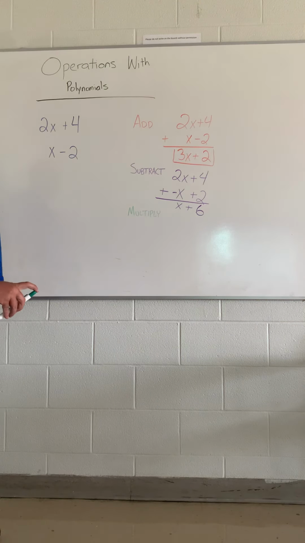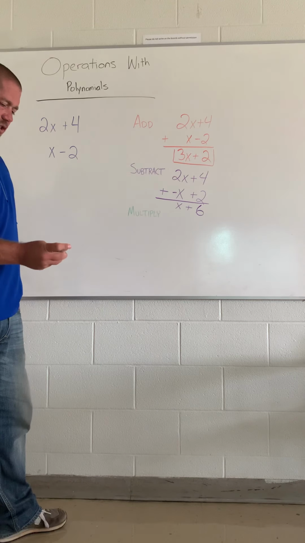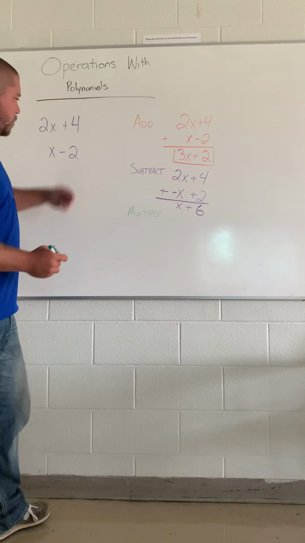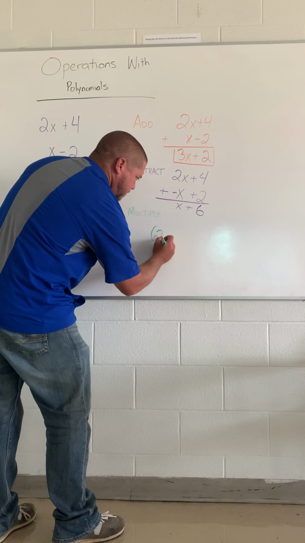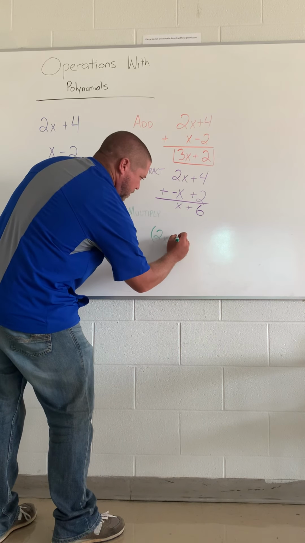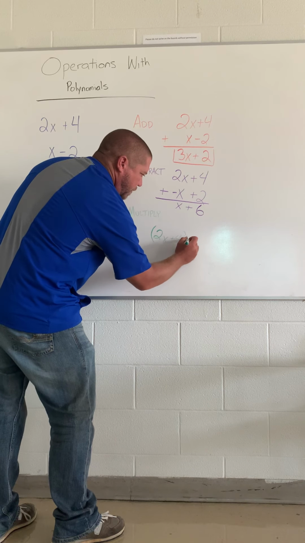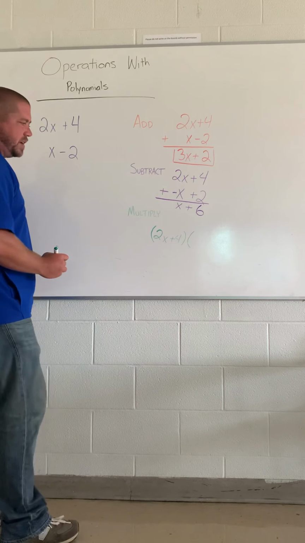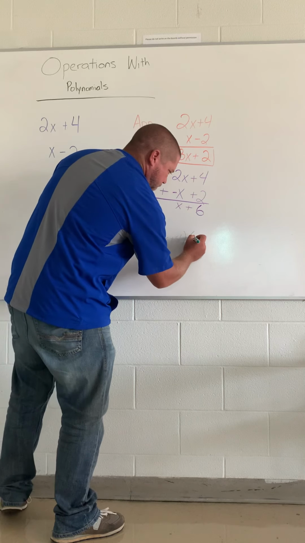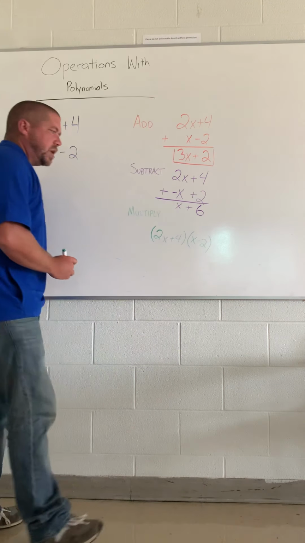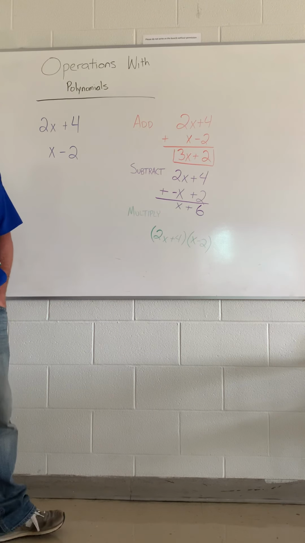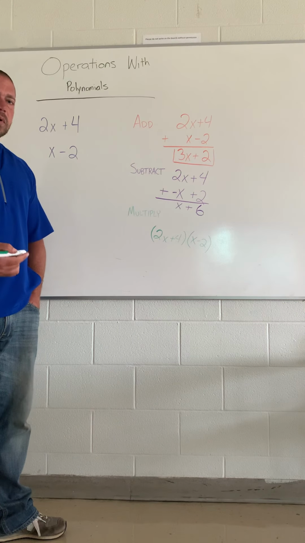Okay, the last operation we're going to perform with them is multiplication. So we're going to take 2x plus 4, and we're going to put this one in parentheses, because we're going to multiply that whole thing by x minus 2. Okay, remember, when we're multiplying binomials, we have to use the FOIL method.